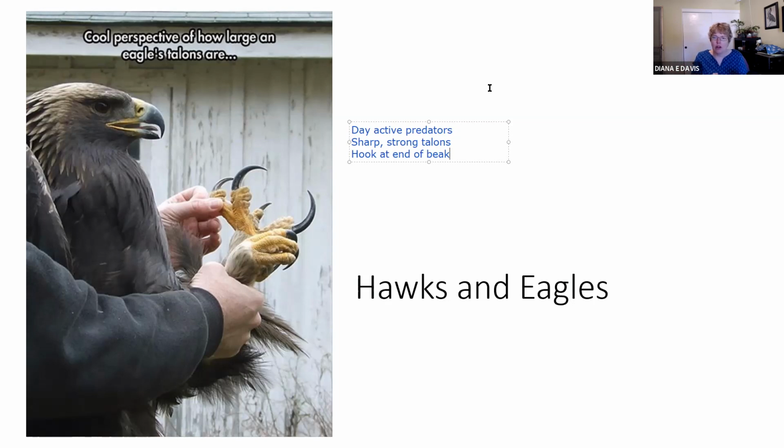You can see how long those talons are. They could potentially go right through your hand and come out the other side. Yeah, hawks are pretty easy to spot, especially the most common ones, like red-tailed hawks.